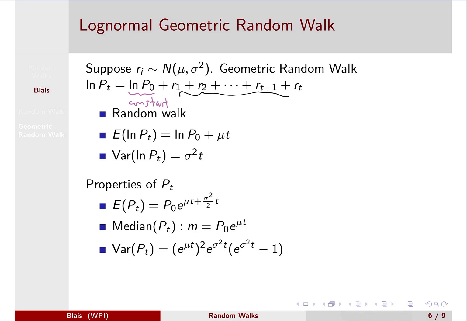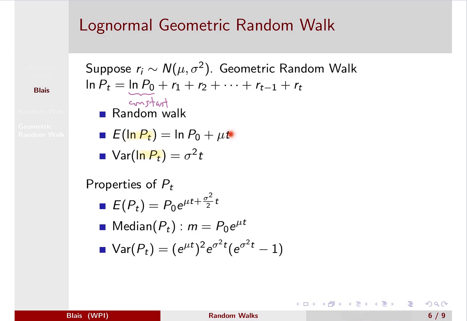And recall that if those steps are normal, a sum of normal random variables is also normal. So the natural log of P_t in this case is a random walk, like we looked at initially. That means its expectation is, as we had done before, the starting value plus mu t, and its variance is sigma squared t. But it's important to note, we're not talking about P_t itself here. We're talking about the natural log.